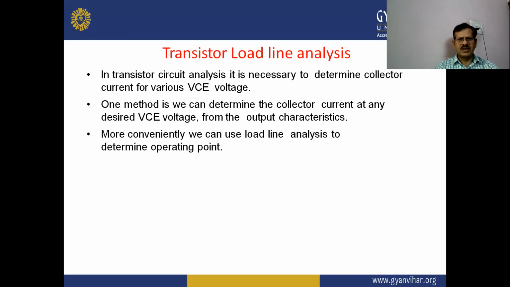One method is we can determine the collector current at any desired VCE voltage from the output characteristics. More conveniently, we can use load line analysis to determine the operating point. So the operating point is determined by the load line analysis.